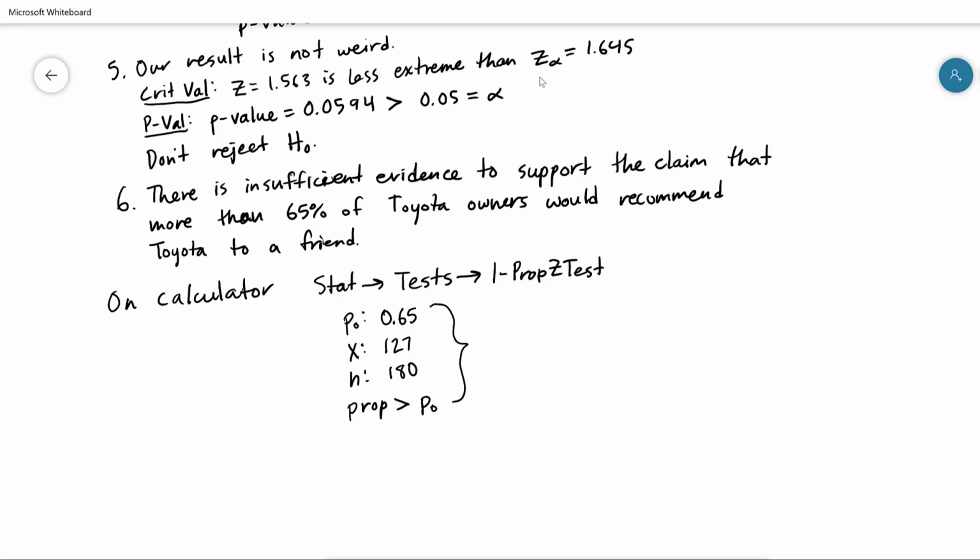So let me type all these in. 127, 180, and hit calculate, and we get the following things out of this. It gives us our test statistic, and for the test statistic I get 1.562690077. This was, again, our step 3.